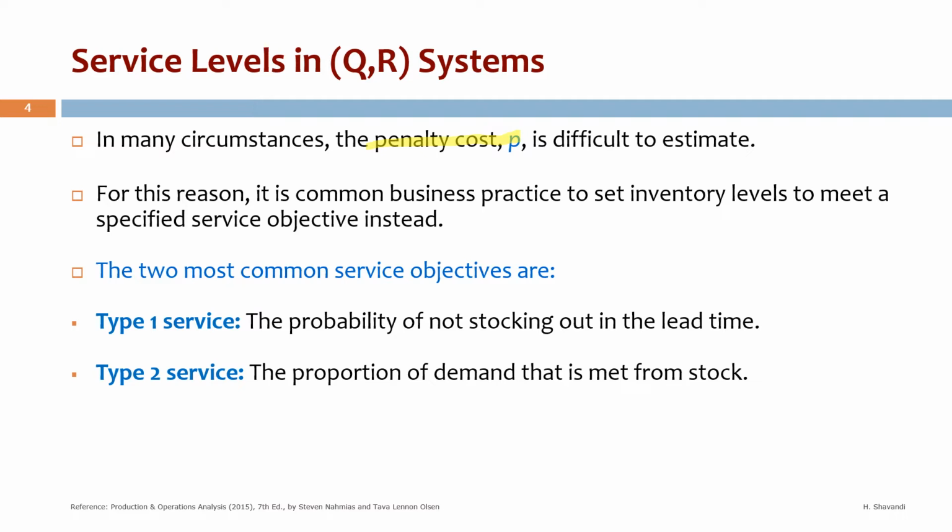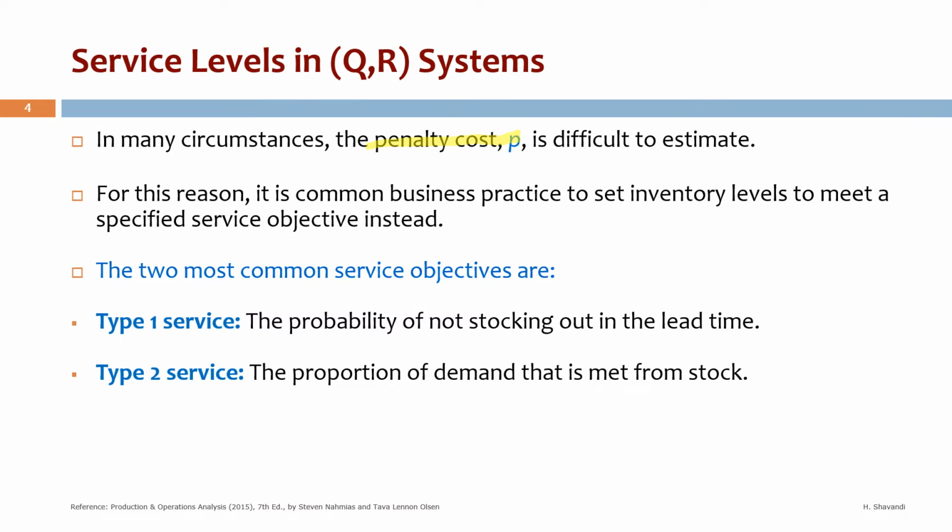By having that penalty cost, we could formulate the problem, and then we could obtain the optimal level for Q and R, or the order quantity and the reorder point, right? So what if we are not able to estimate the penalty cost? There are many circumstances in the real world where we can't estimate the penalty cost. So what should we do in that case?